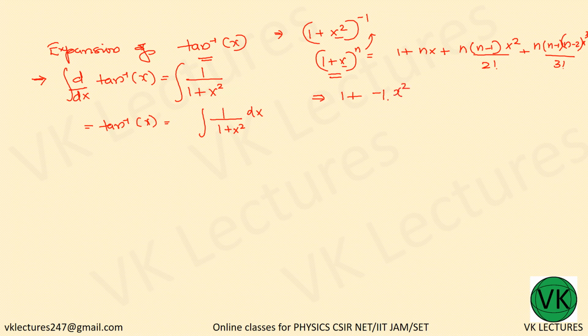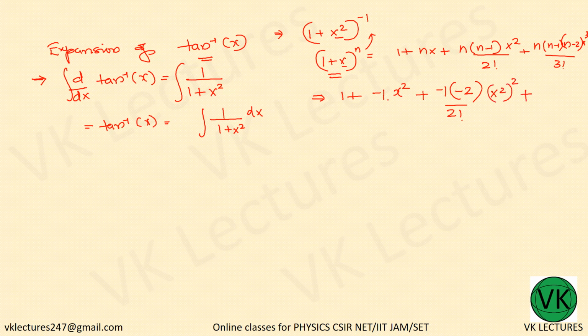Second term is ready, plus n is minus 1, minus 1 minus 1, that is minus 2. So minus 1 into minus 2 divided by 2 factorial, and this x is nothing but x square whole square.